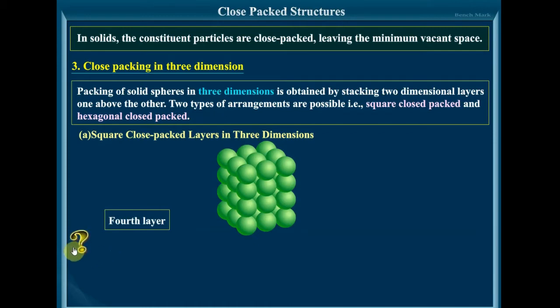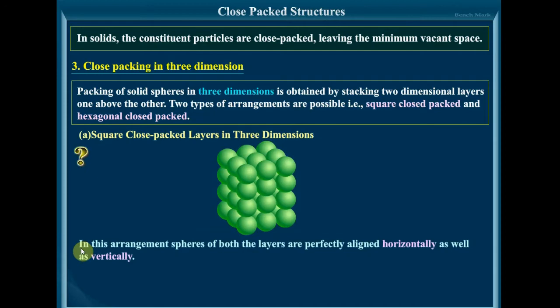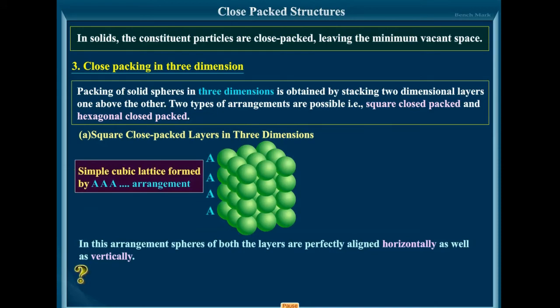In this arrangement, spheres of both the layers are perfectly aligned horizontally as well as vertically. So all the layers are of the same type. This is a simple cubic lattice.